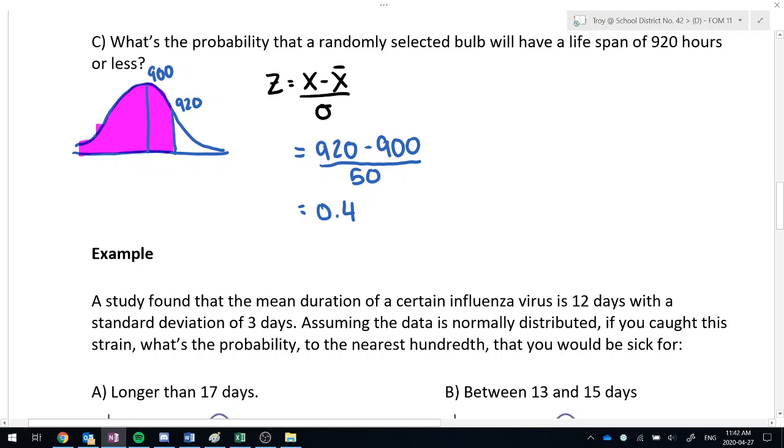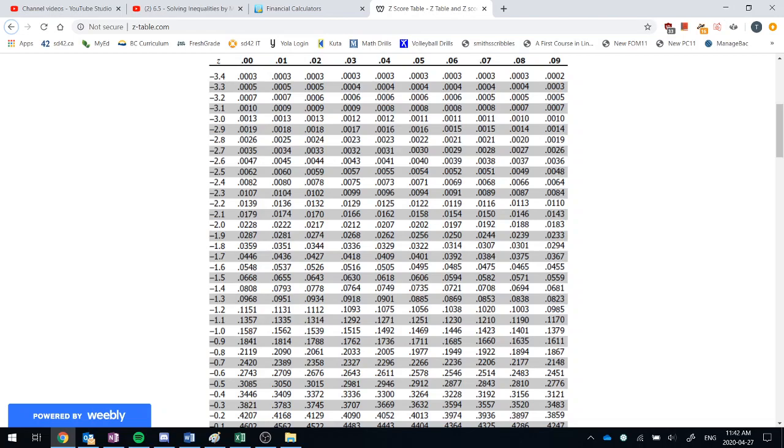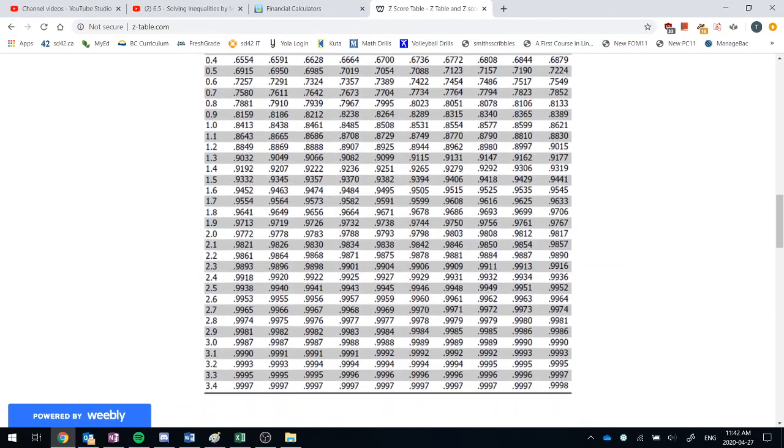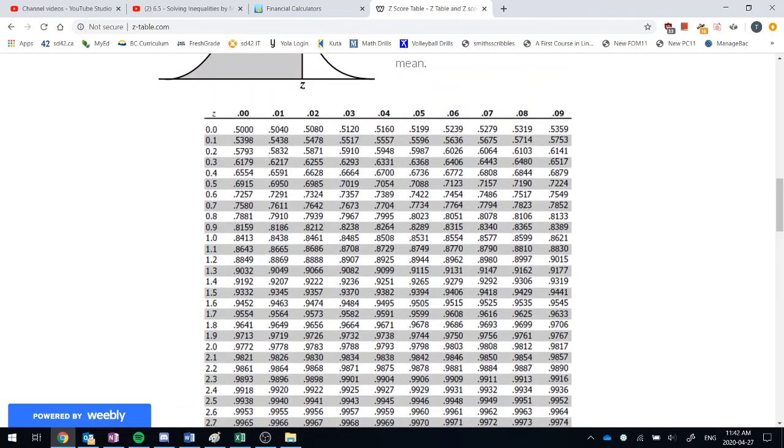Okay. So we need to go to our z-score table. For 0.4, we're going to have to go to the positive values here. 0.4 right there. Okay, so that's going to be 65.54%.